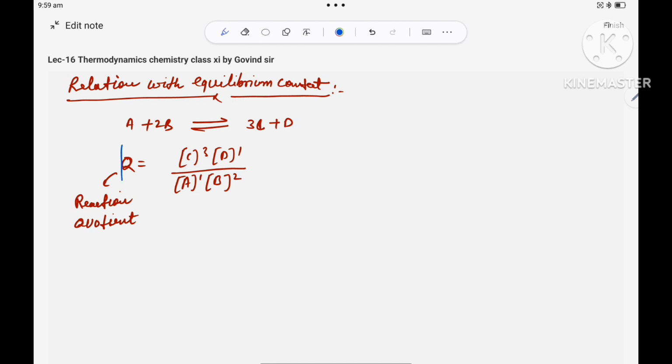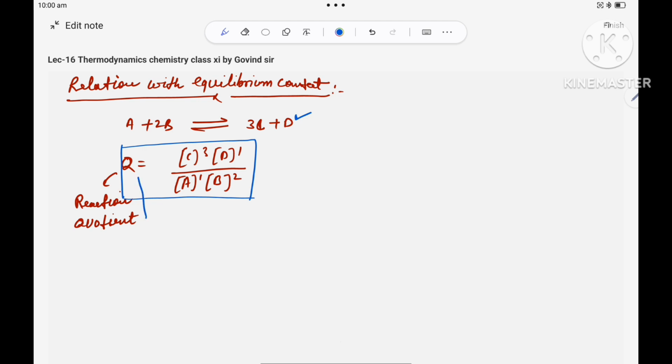Very small difference: reaction quotient is defined for any time, but equilibrium constant is defined after the equilibrium. For this reaction, any time you can find out reaction quotient. Reaction started, after 2 seconds you can find out, after 10 seconds, after half an hour you can find out. But equilibrium constant is defined after the equilibrium only.